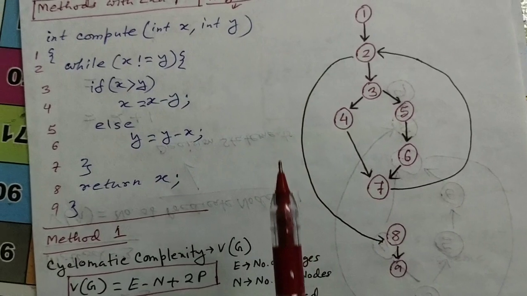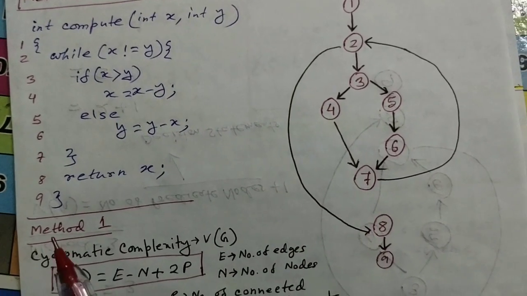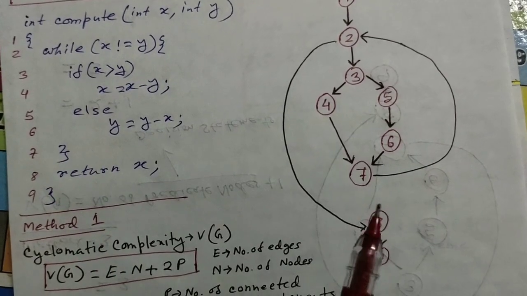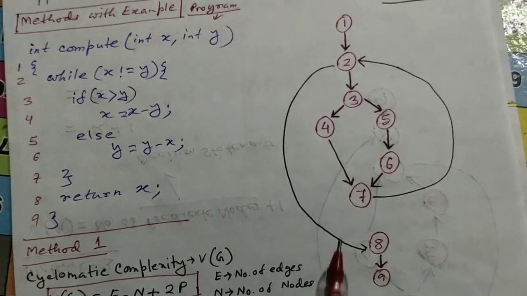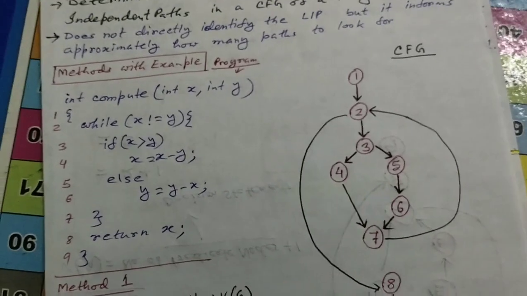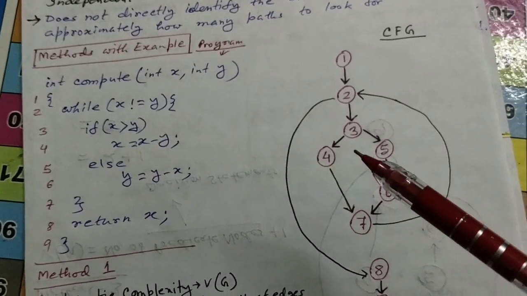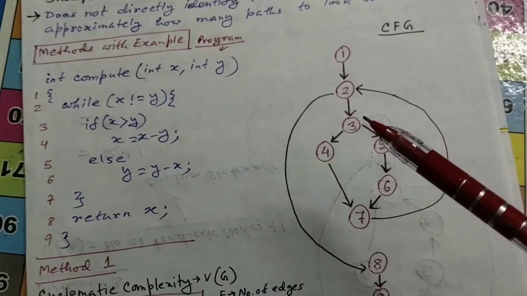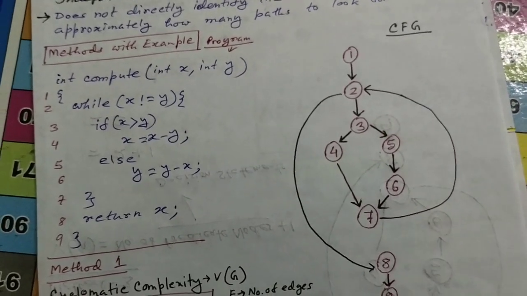So from 2 directly to 8, return x, and after that at 9, 8 to 9 there will be a linear path. By this way we can draw a CFG. See here in this program segment, branches are there as well as iteration, and sequence is also there.